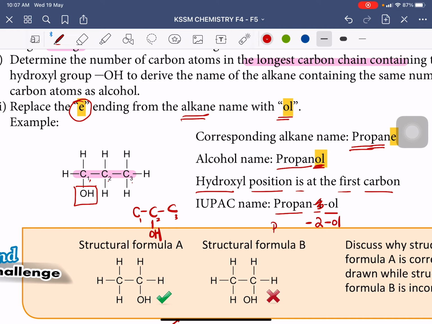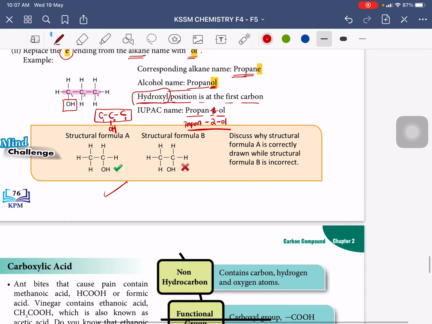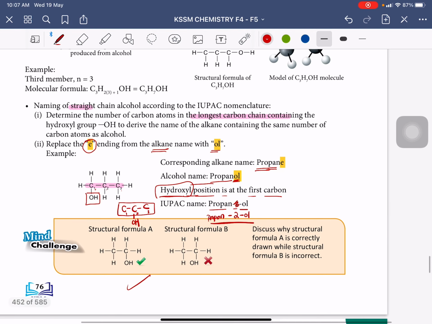So what I am trying to tell you here is, in the naming of the alcohol, you have to look at the hydroxyl position. It depends on where the hydroxyl group is positioned in the long chain. So we are done with the naming.